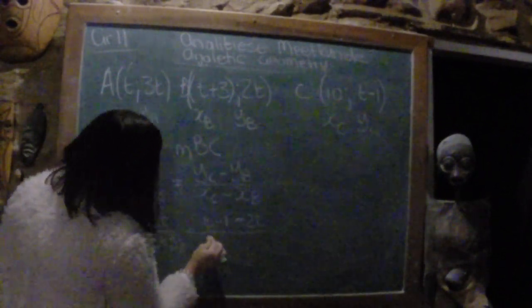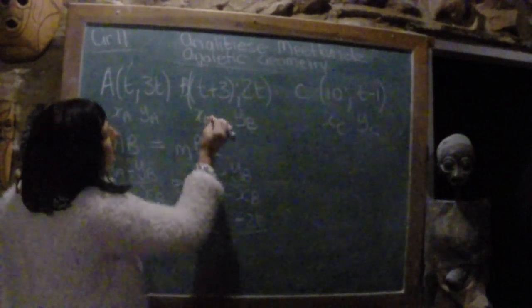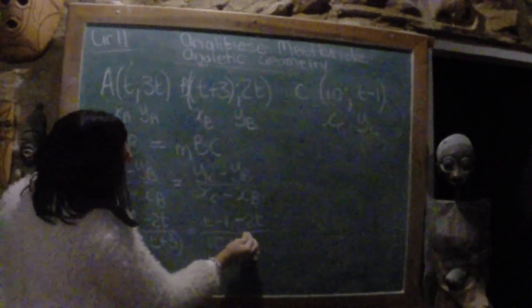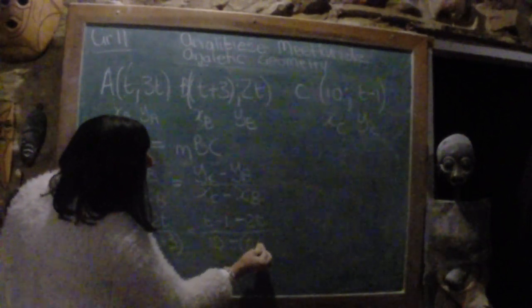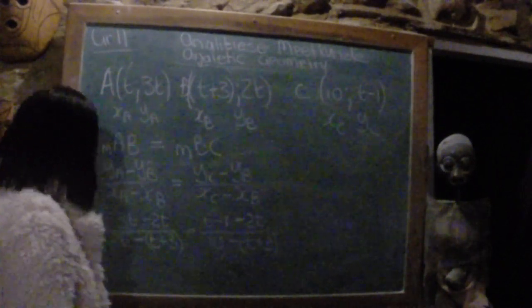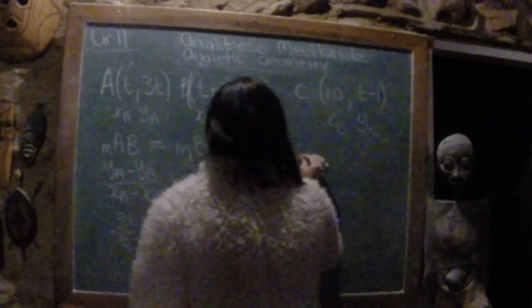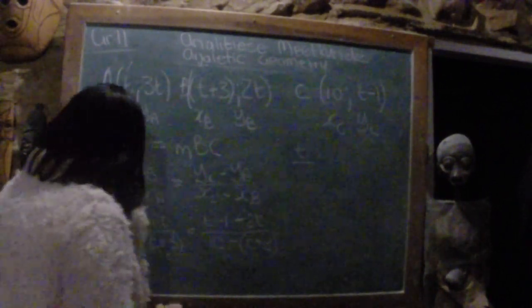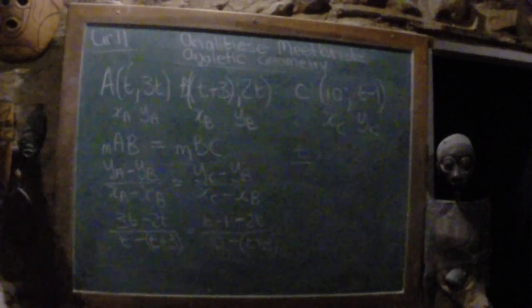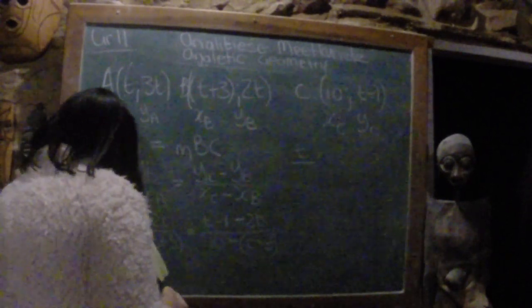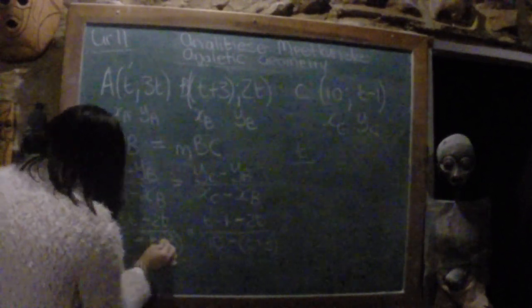10 minus, and again, same story, in brackets. Very important. Let's simplify. 3T minus 2T is equal to T. Then T minus, and if I remove the brackets, grade 11s, this happens. That becomes a minus.